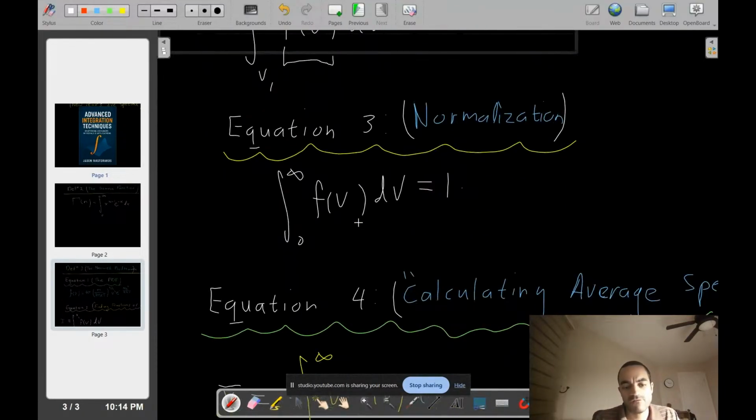Another one is in equation 3, when we have to do normalization. Normalization means that I have to integrate from 0 to infinity of f of v dv. It's an improper integral from 0 to infinity, and all this is saying is that if I integrate over my PDF, I get 1.